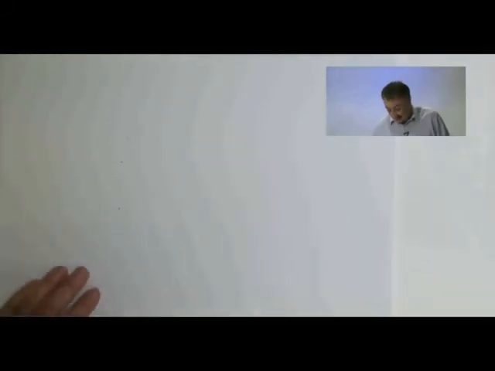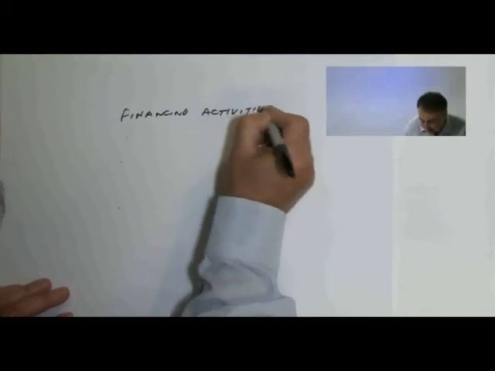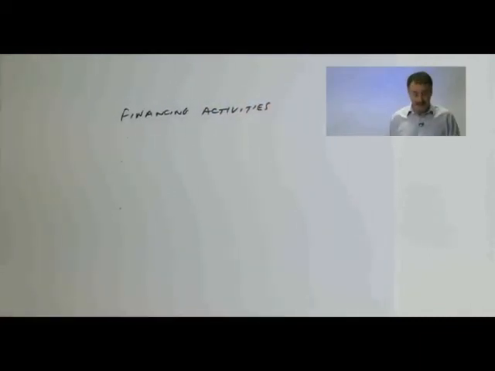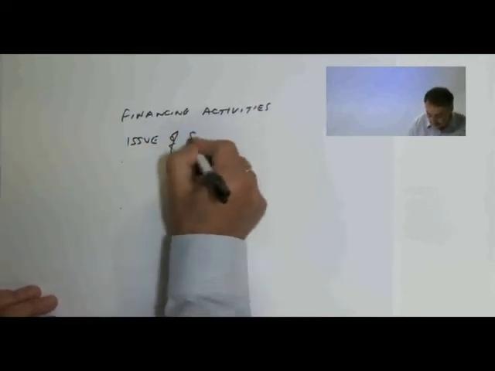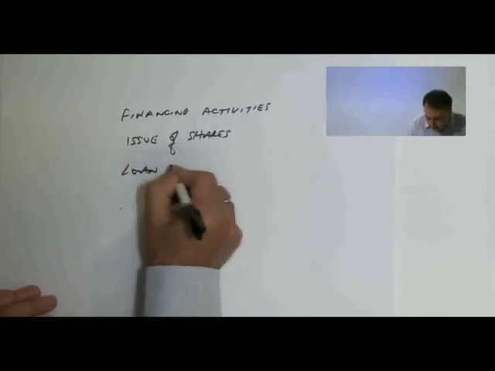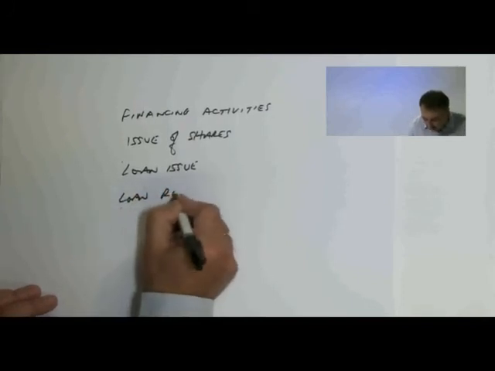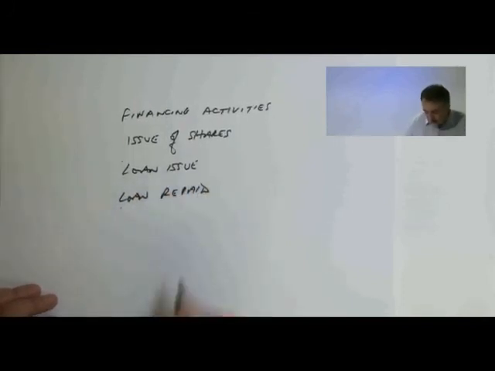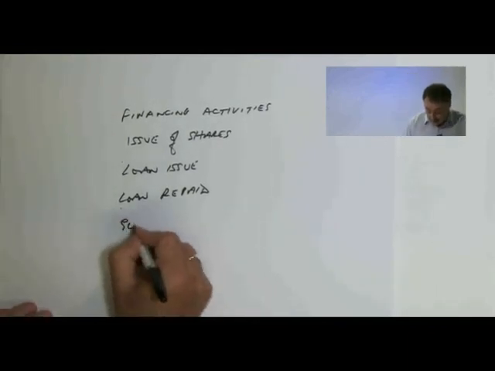That's investing activities. We're going to look at the idea of financing activities. And in financing activities, there may be an issue of shares. We may have a loan issue, or we could have a loan repaid. In financing activities, we could also put in our equity dividend paid.